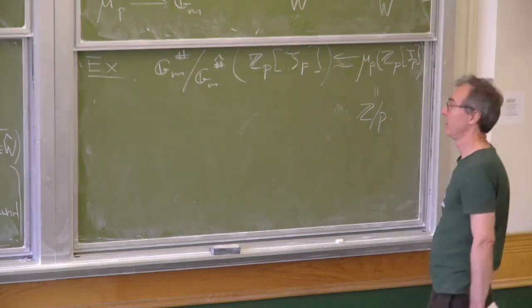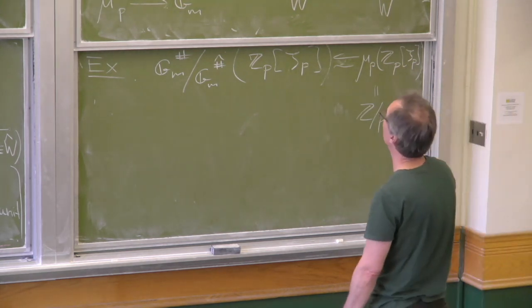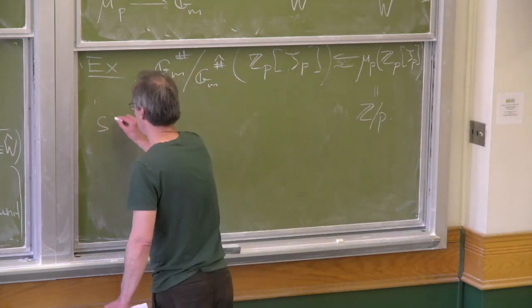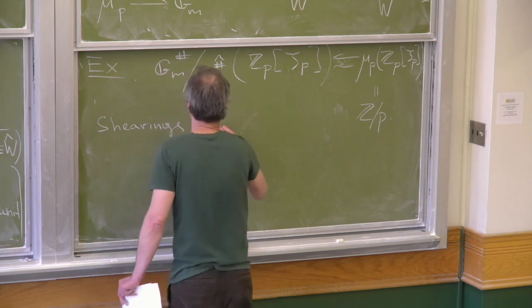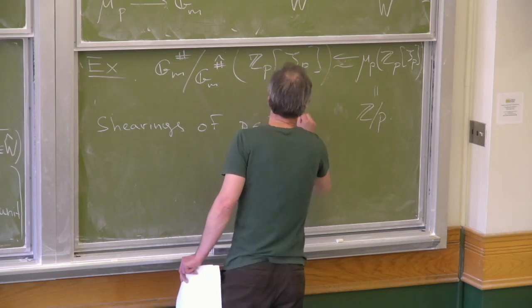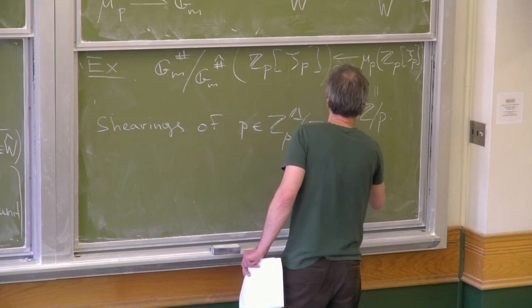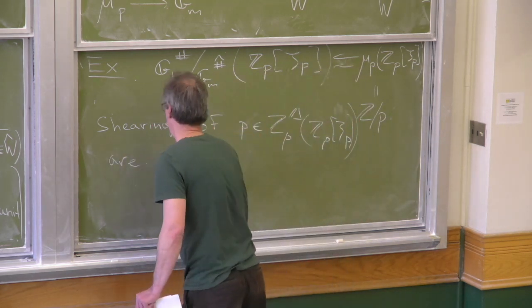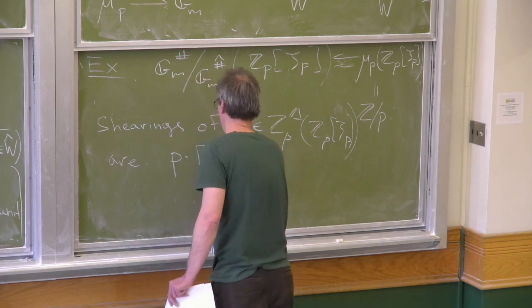So the shearings of P in this ring are: you have one shearing and you can multiply it by the p-th roots of unity.